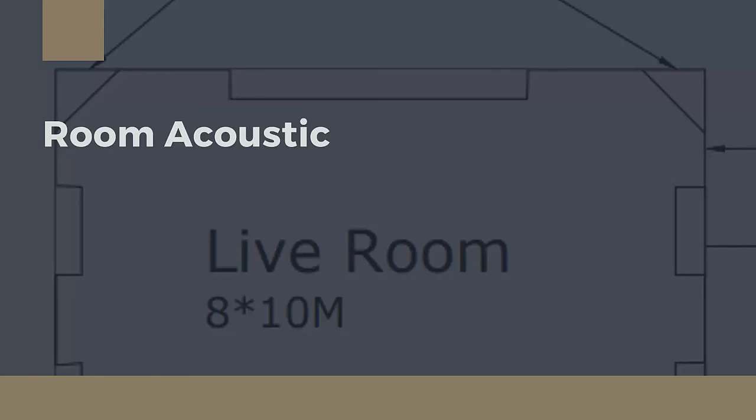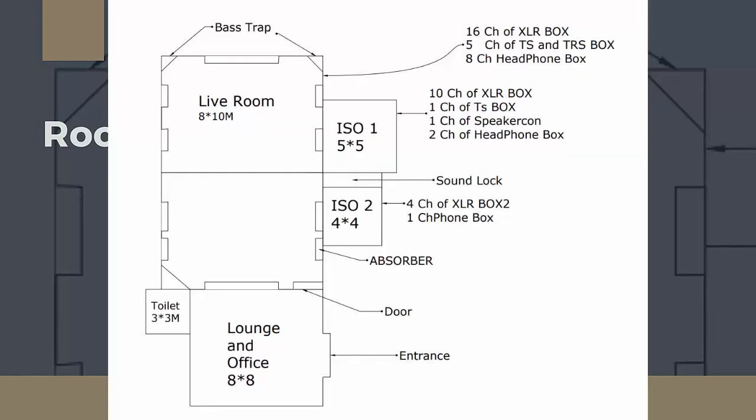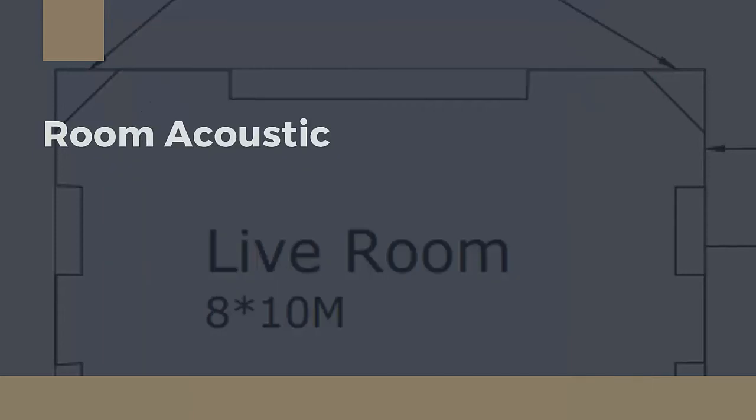And in this room I'm also doing acoustic treatment. In my diagram, or in my plan, you're going to see that every room is going to have absorbers and bass traps, because low frequency might cause a problem like a humming sound that doesn't decay anymore.